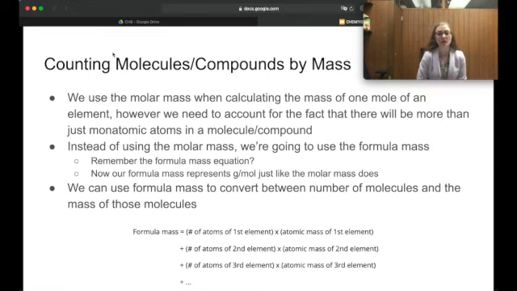So we can use formula mass to convert between a number of molecules and the mass that those molecules take up. So I've put in a screenshot of the formula mass equation down there. Remember, atomic mass here can just be substituted for molar mass. So it's just saying the number of atoms of the first element times that molar mass, the number of atoms of the second element times that molar mass, number of atoms of the third element times its molar mass, so on and so forth, and then you add all of them up together to get the formula mass, okay?